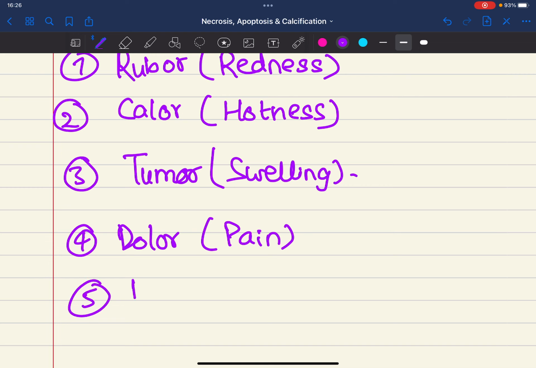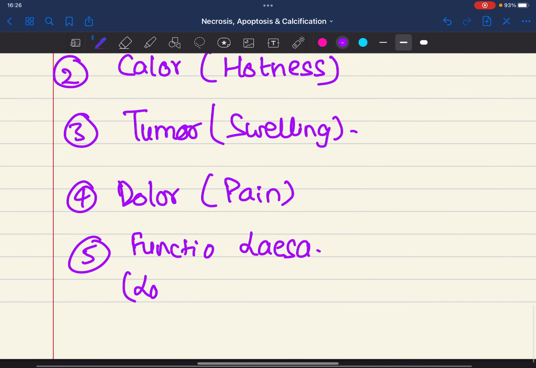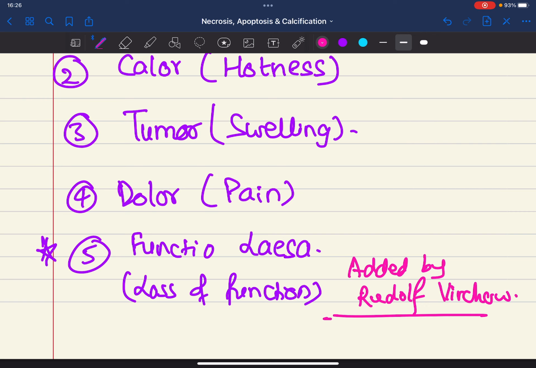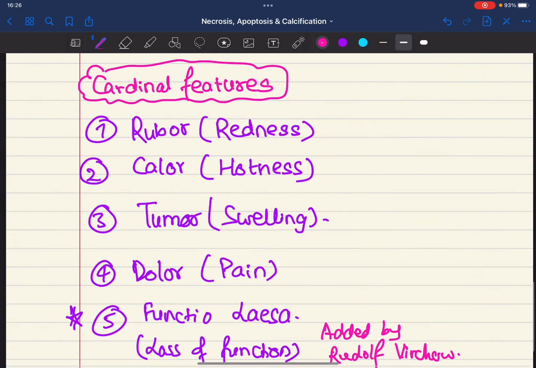Fifth one is functio laesa, which is also called loss of function, which was recently added. This one was added by Rudolf Virchow, who is also known as the father of pathology.